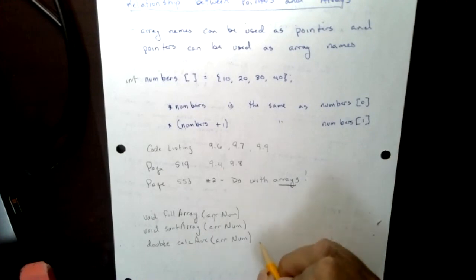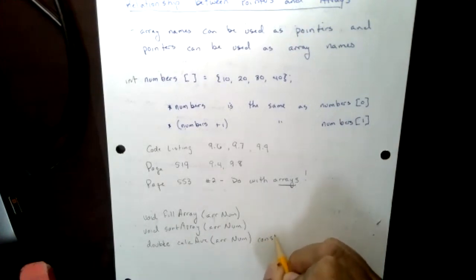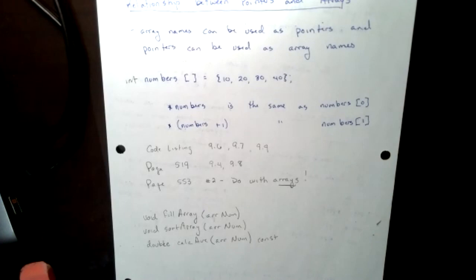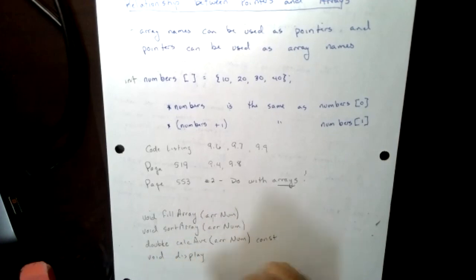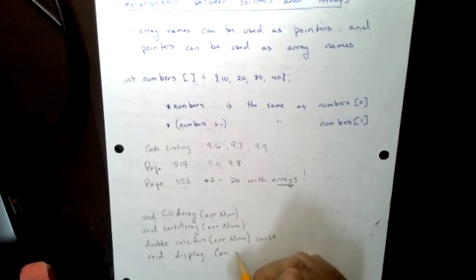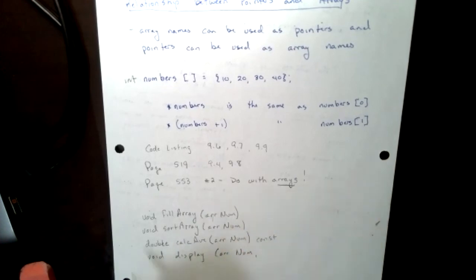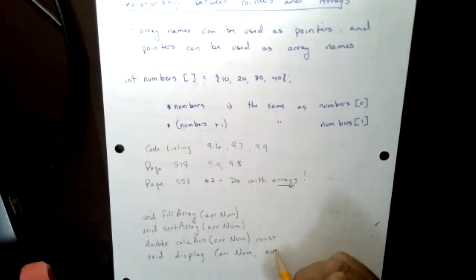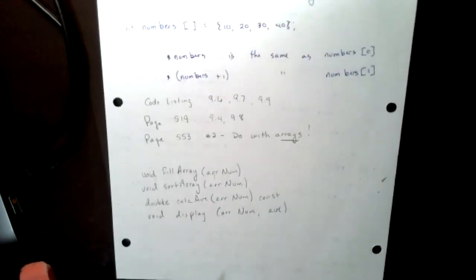Const, yeah. So somewhere in there, I want to get that word const. All right. And then once I have that, I need a void display. And in my display, it's going to be my array and my double, which would be my average. So I'm thinking that's what I need.